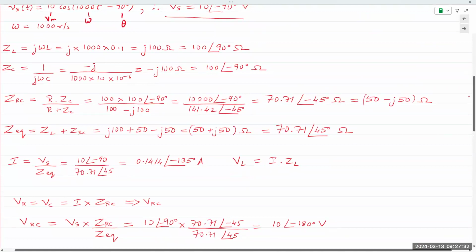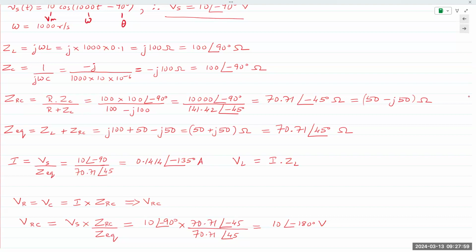So ZL, in rectangular coordinates, is j omega L, or omega L with a phase angle of 90 degrees. For an inductor and a capacitor, always remember, the impedance angle is the phase difference between the voltage and the current. It will always be plus 90 for an inductor, and for a capacitor, it will always be minus 90.